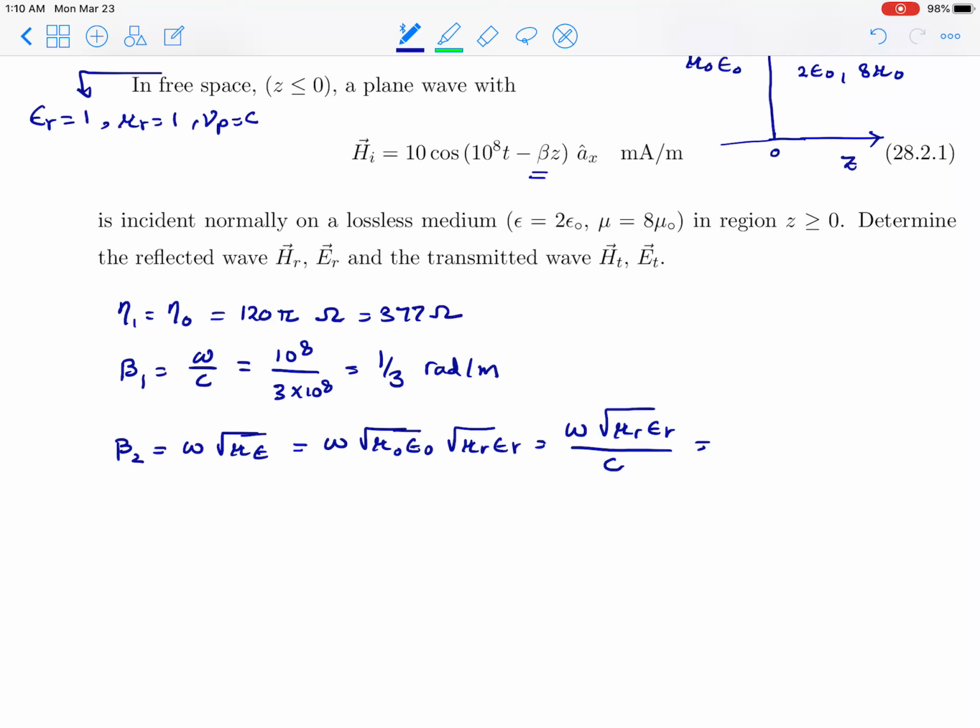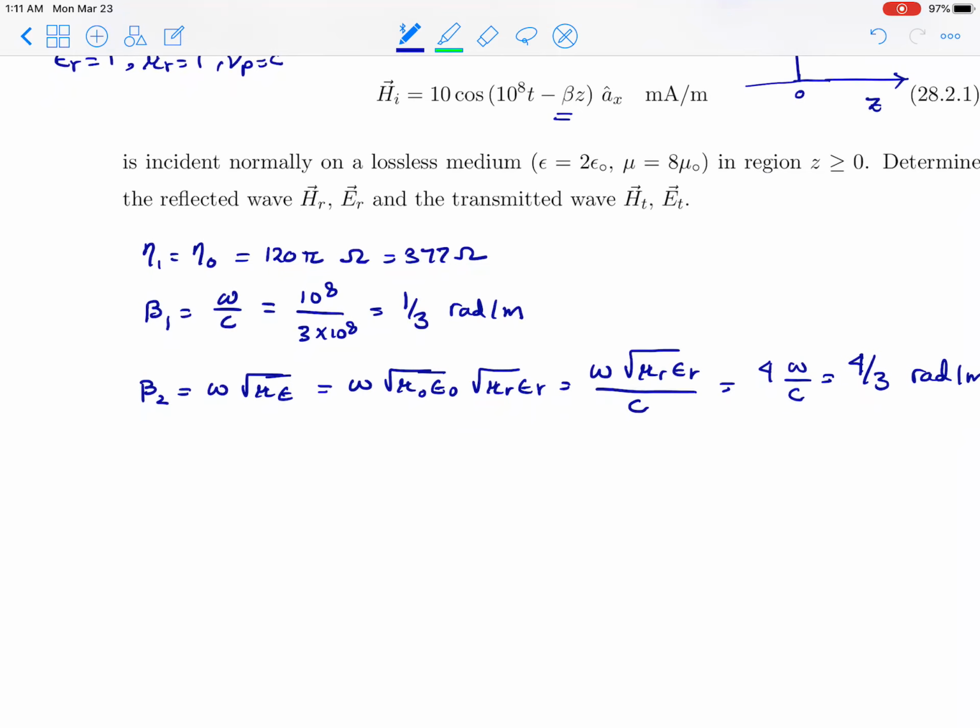So mu relative times epsilon relative is 16, the square root of 16 is 4, so it's going to be 4 times beta 1. And we found this one when we talked about beta in medium 1. So 4 divided by 3 radians per meter.